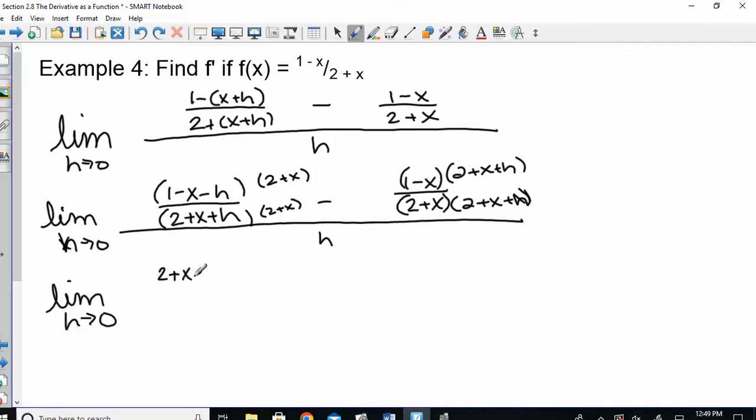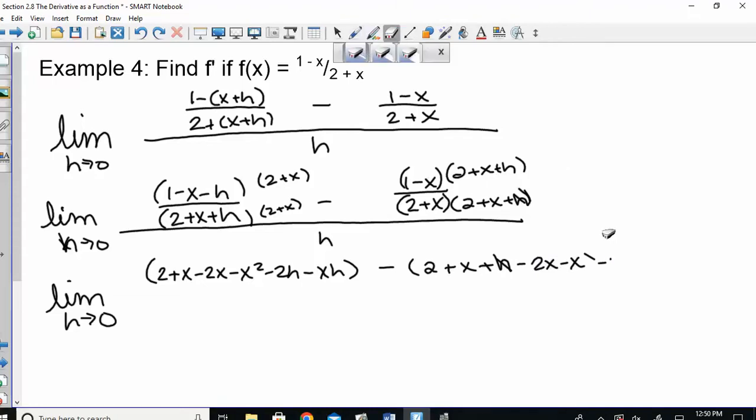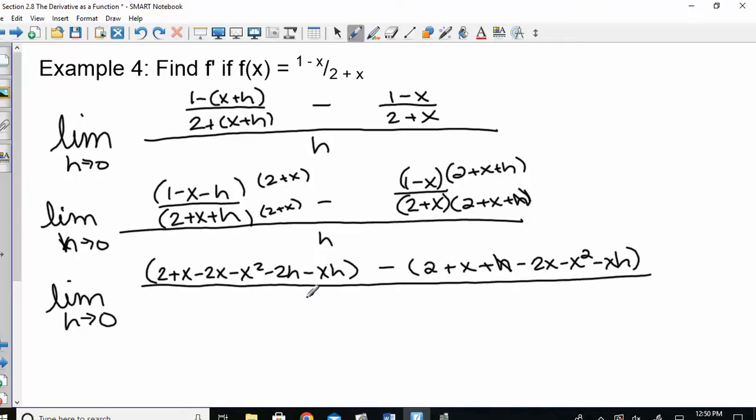So 1 times 2 is 2 plus x minus 2x minus x squared minus 2h minus xh, minus, and I multiply those through, 2 plus x plus h minus 2x minus x squared minus xh, all over 2 plus x plus h times 2 plus x.